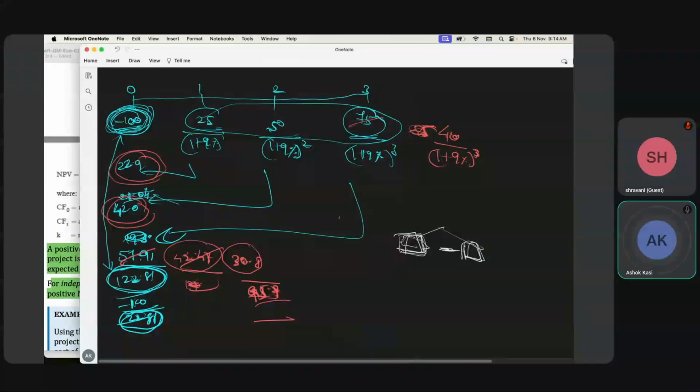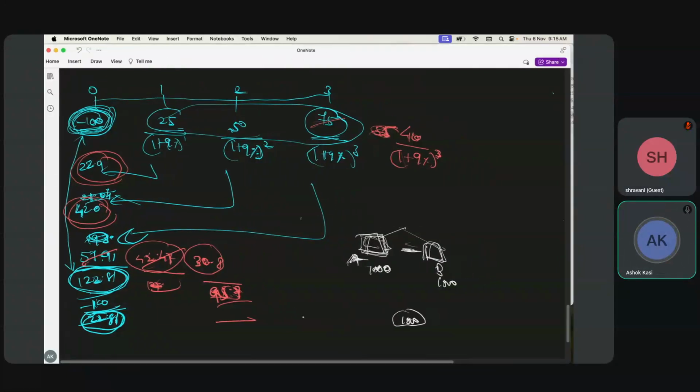So this is project A and this is project B. Now the problem is you have limited resources, limited capital. Let's say here it requires 1,000 rupees and here it requires 1,000 rupees, but you have only 1,000 rupees. So you can go for either A or B. These projects are not connected with each other. They will use one more word called mutually exclusive also. Mutually exclusive.